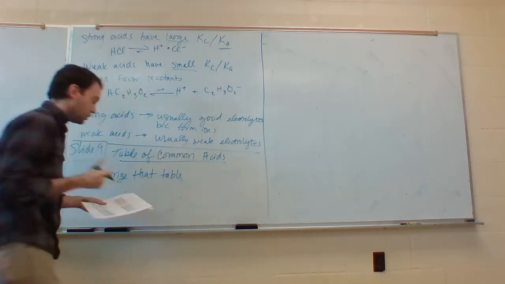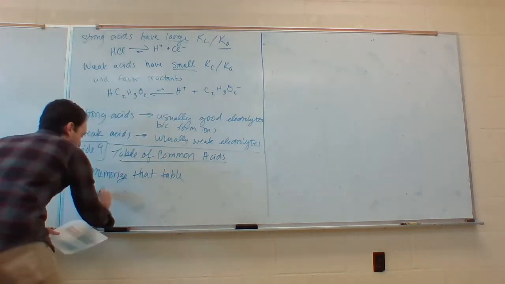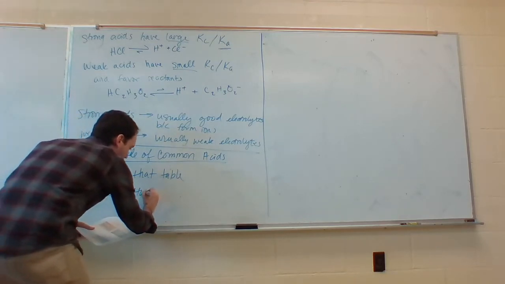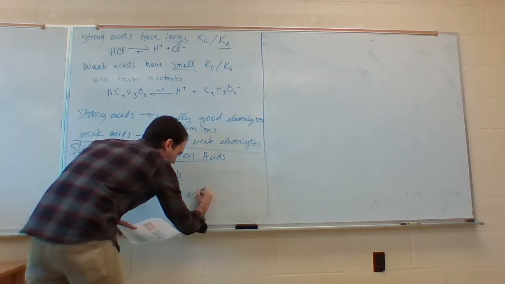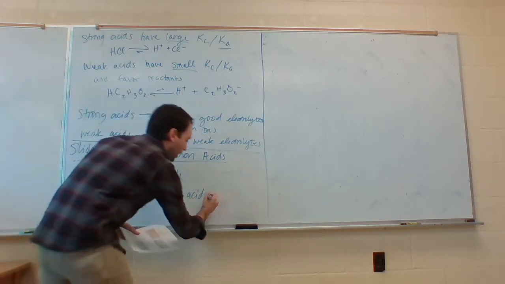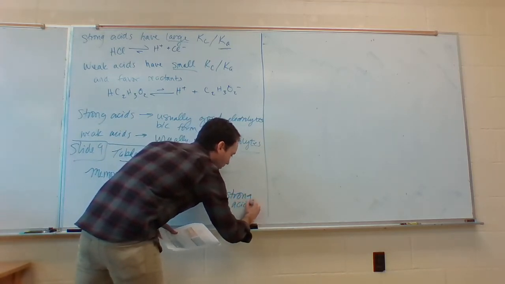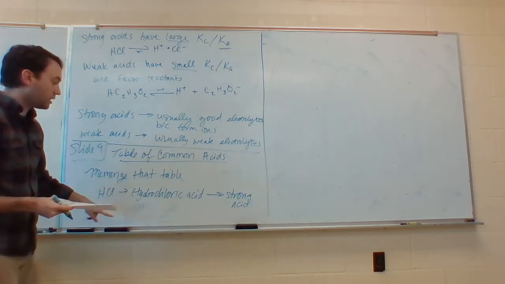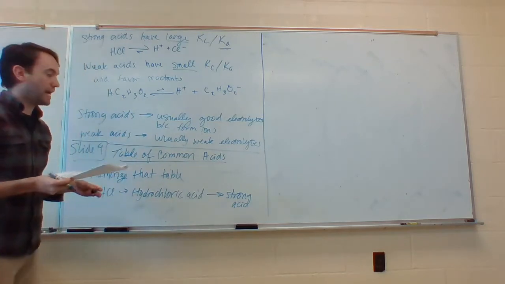You're going to need to know both your strong acids and your weak acids. So I'm expecting you to know that HCl is hydrochloric acid, and that hydrochloric acid is a strong acid. I want you to know the chemical formula, the name, and whether it is a weak or a strong acid.